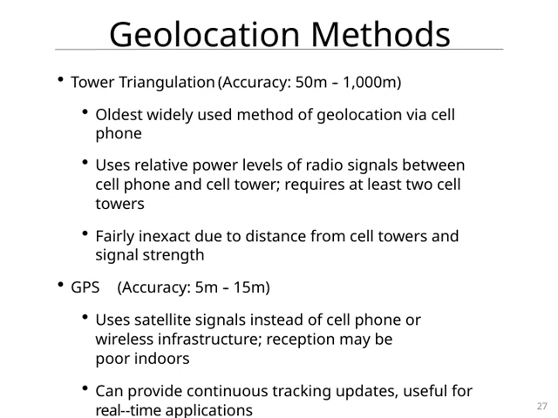The big advantage of GPS is that it can provide continuous tracking updates, making it ideal for real-time applications such as navigation or location-based services. So, in summary, while tower triangulation has been a foundational approach, GPS has become the standard for precision and real-time tracking in many modern applications. Both methods play a role in how we locate and understand positioning today.